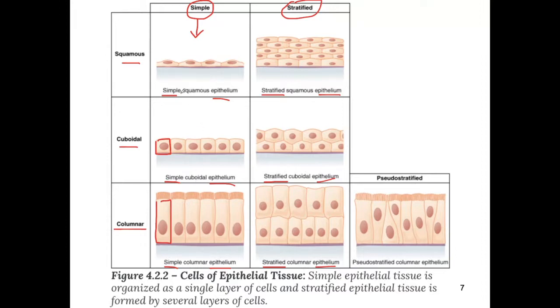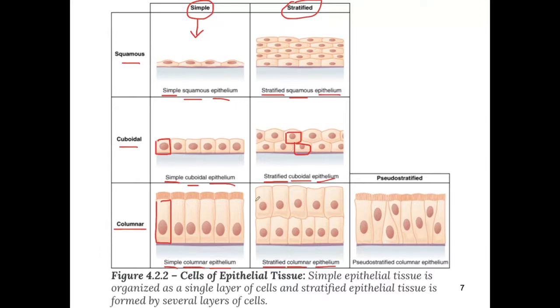So here we have simple squamous epithelium. To the right of it, stratified squamous epithelium. Here we have simple cuboidal epithelium. To the right of it, stratified cuboidal. Why are they stratified? Because we have two layers of them. Then we have simple columnar, and then we have more than one layer, so it's stratified columnar.